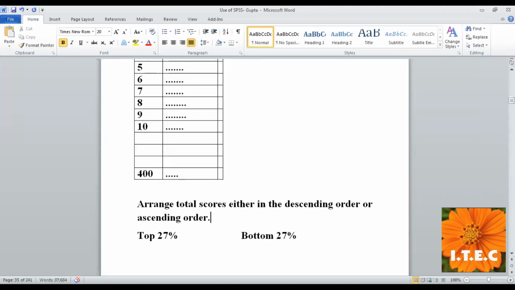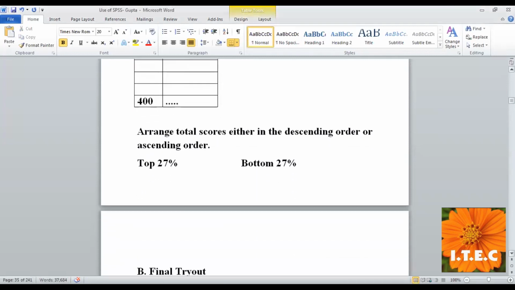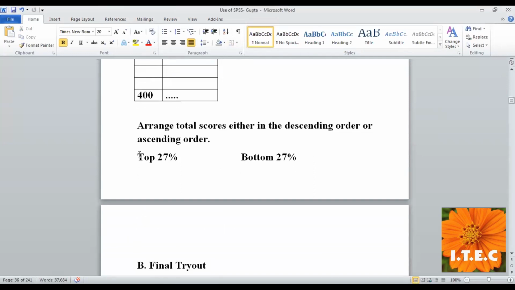Ascending order or descending order? If you arrange in the descending order, then your top score will be the maximum and your bottom score will be the minimum. So you are arranging them in the order.